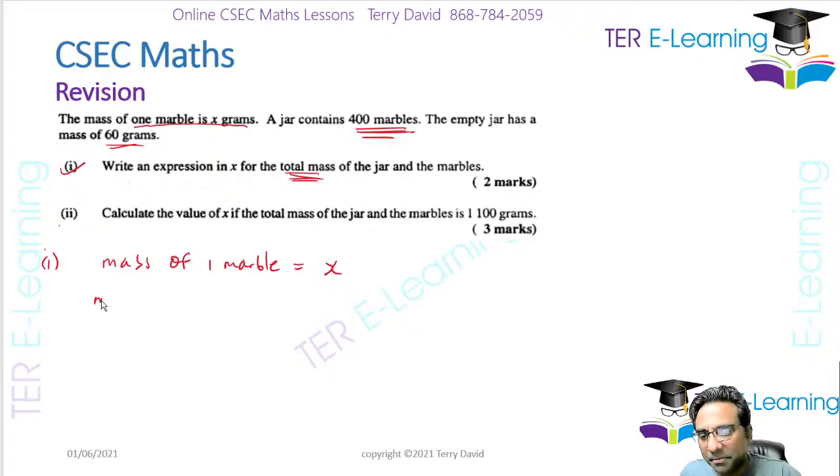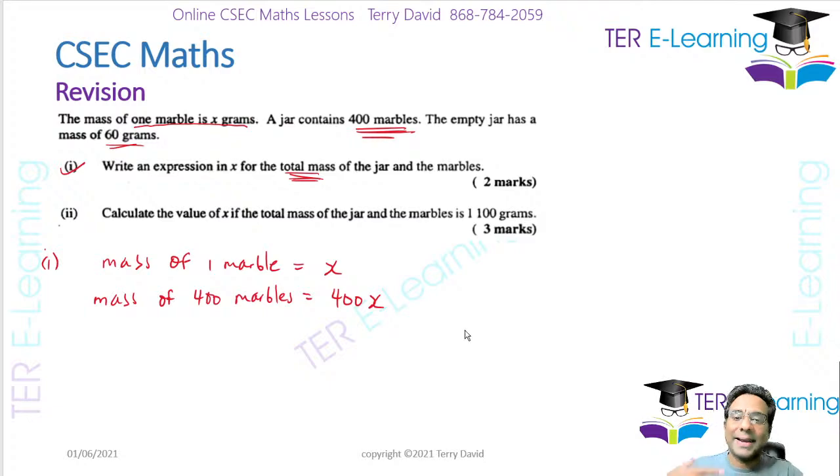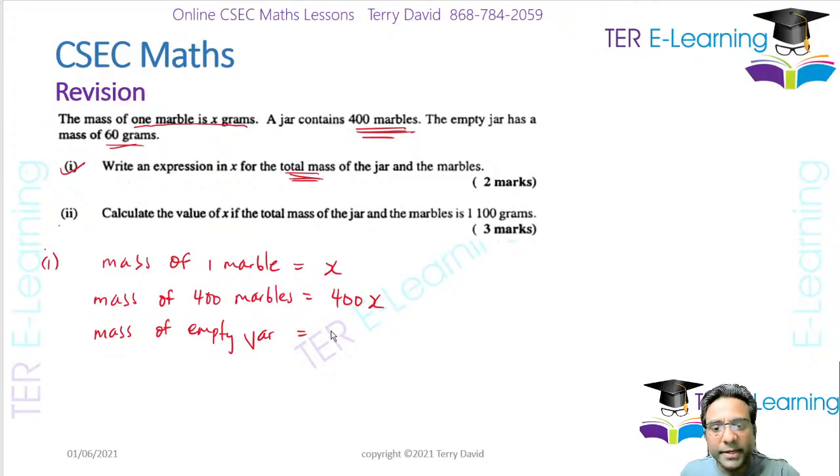So the mass of 400 marbles is going to be 400 multiplied by x, which is 400x. Then they told us the mass of the empty jar, which is 60 grams.